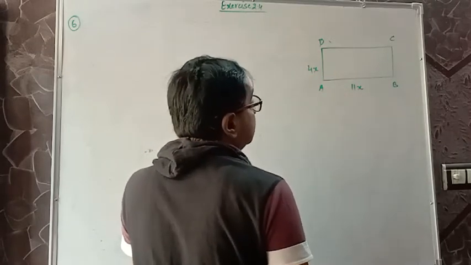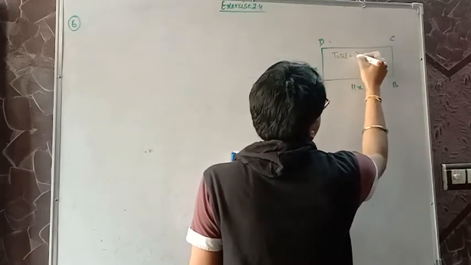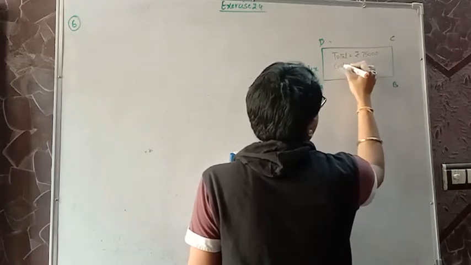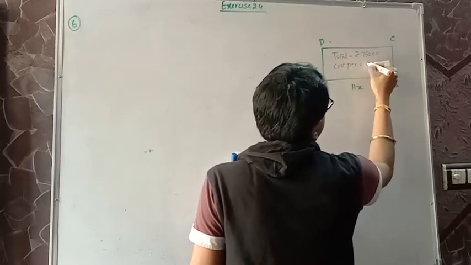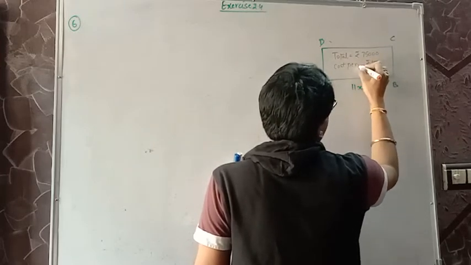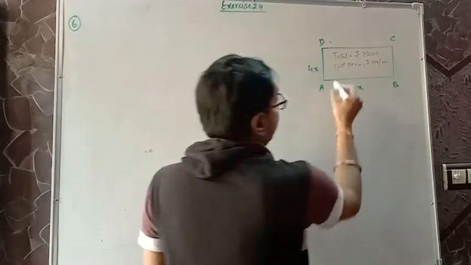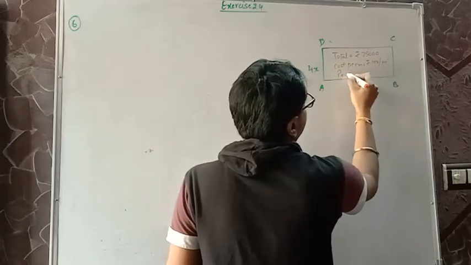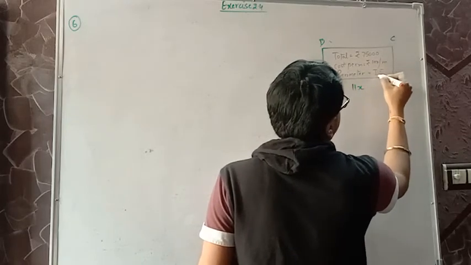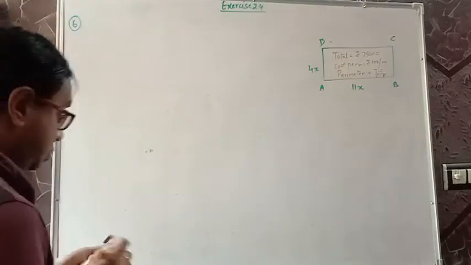Also, we are given in this question the total cost, that is rupees 75,000, and the cost per meter, which is rupees 100. Therefore, we can say the perimeter would be total cost upon cost per meter. Clear? We can find it this way. So let's do the question now.